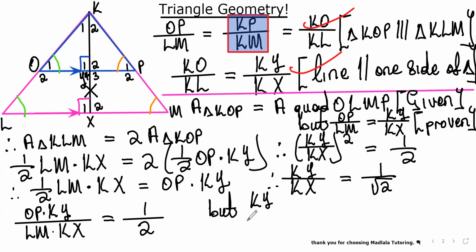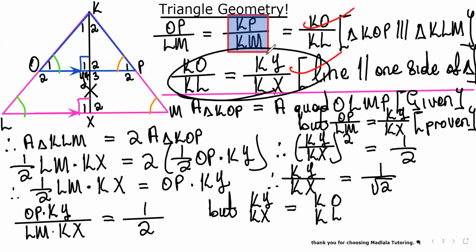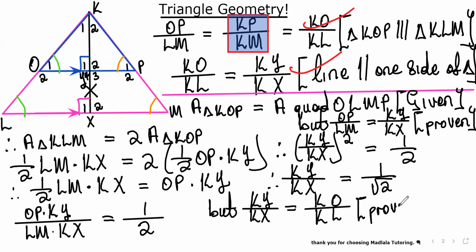We know that ky over kx is equal to ko over kl. Well, this is where it comes from. It was already proven above. Yes, it was proven, so that's what you tell them.